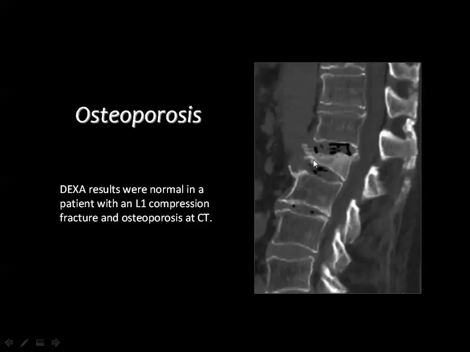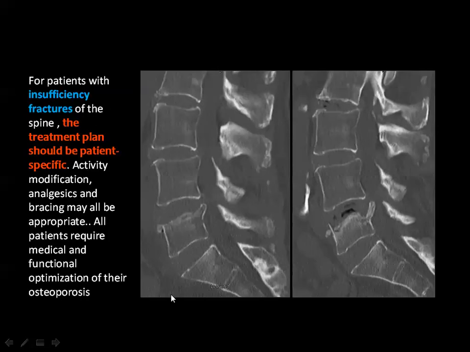And this is a fracture in the L1 vertebra with more than 40% loss of the vertebral height with anterior wedging, and you see here the above and the below disc spaces. The DEXA results in this patient were normal, but here you can easily appreciate the osteoporotic changes and the osteoporotic fracture as well.